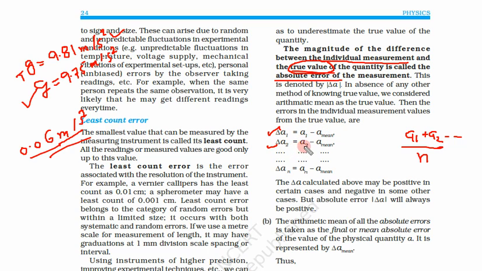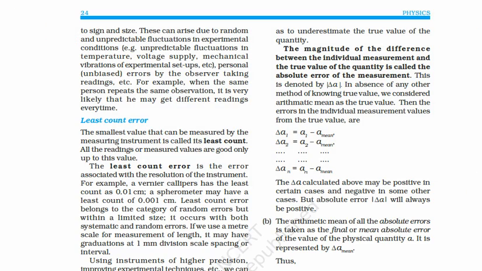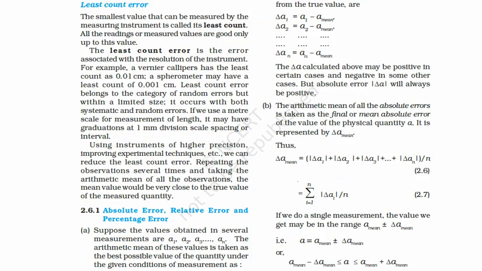Absolute error delta a2 is a2 minus mean. So we are subtracting the mean from all the quantities. In this way we are calculating the error in each and every measurement.